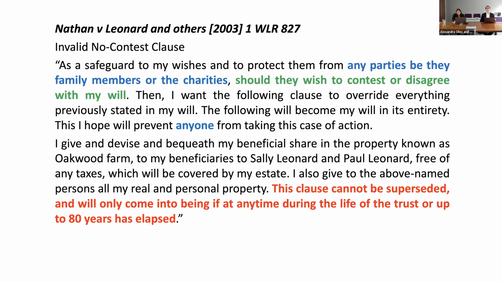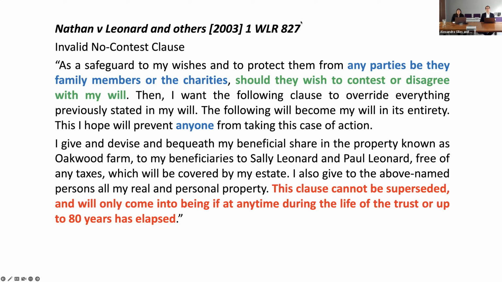So the next challenge was the potential trigger event, and Mind argued that the condition lacked certainty because the phrase, should they wish to contest or disagree with my will, didn't give a clear trigger event, because it didn't say, well, on issue of a claim.